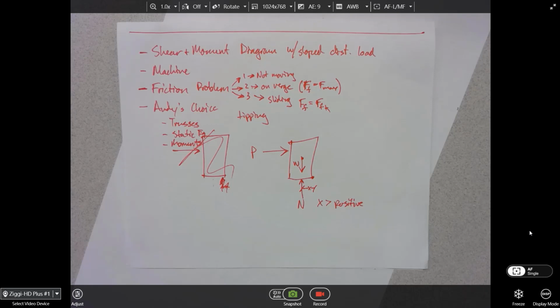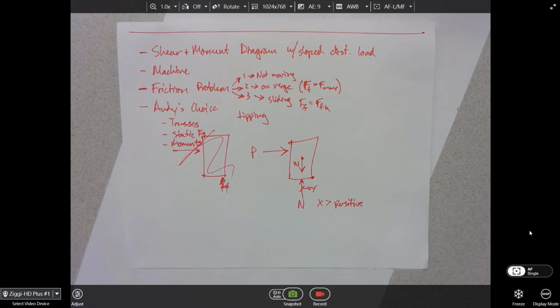So remember also there's that whole tipping issue we need to resolve, whether it tips when it slides or whether it just slides. And we do that by, if we have a box like this and we're putting some force on it up here, we check to see, remember the normal doesn't have to be right in the center, and we sum the moments. Let me do a new one.